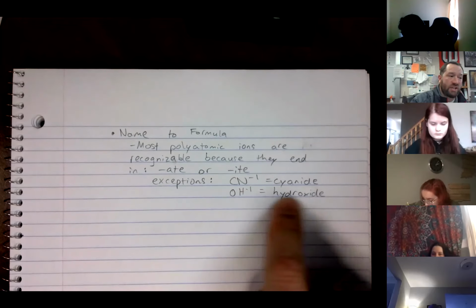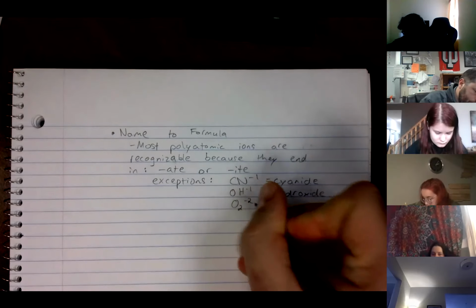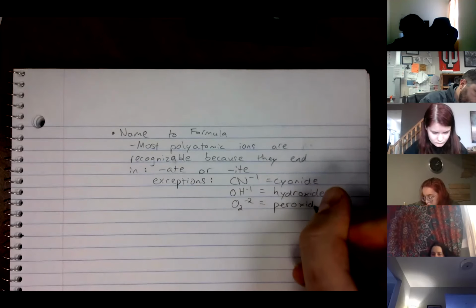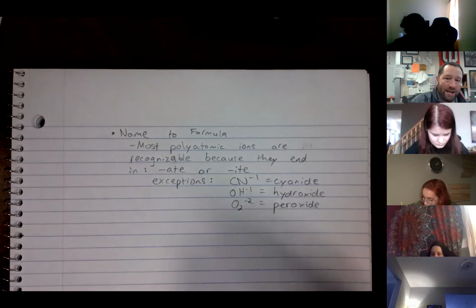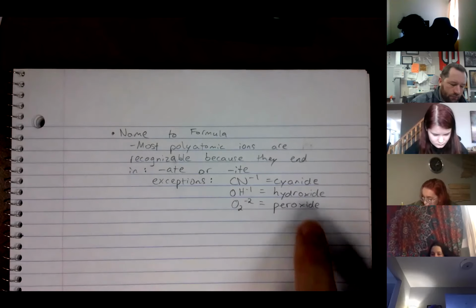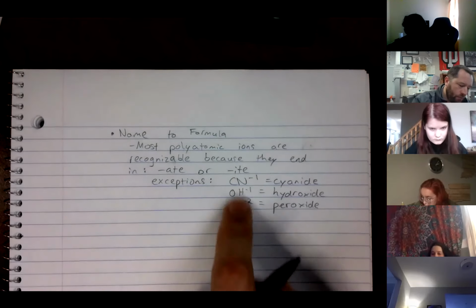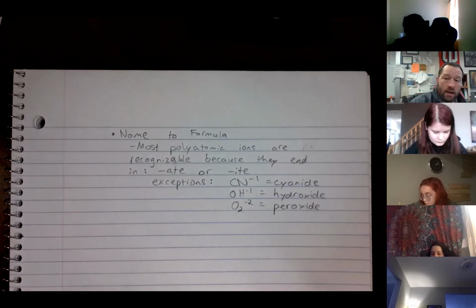OH-1 is hydroxide. And O2-2 is peroxide. So we got to watch out for those three. They end in IDE, so they seem like they'd be on the front of the periodic table, but we just got to kind of be familiar with them. Cyanide, hydroxide, peroxide are on the back. Those are polyatomic ions.